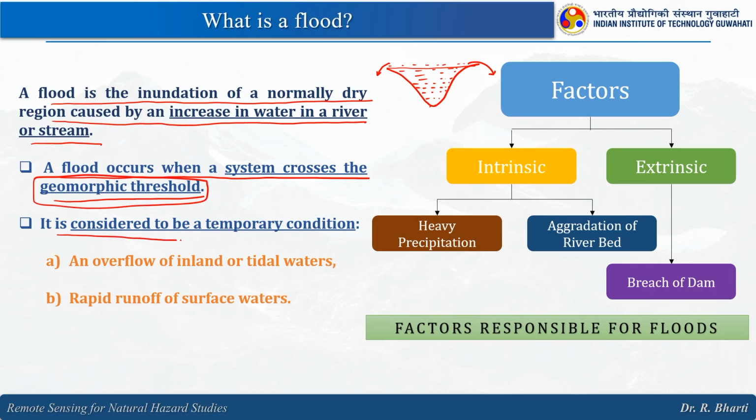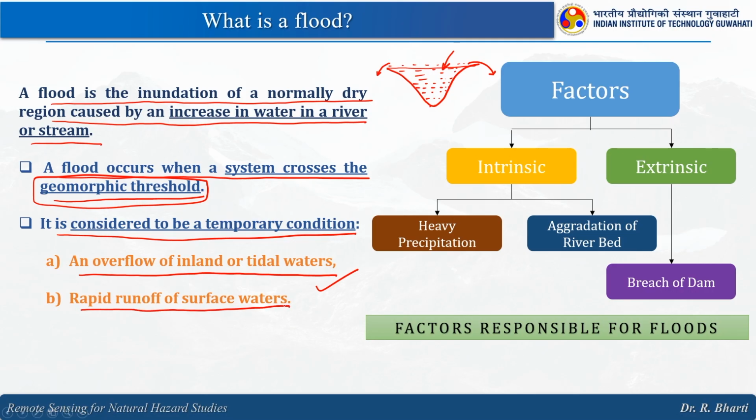It is considered a temporary condition because it arises from some heavy rainfall, the breaching of a dam, or a blockage of the pathways. So it could be an overflow of inland or tidal water, and then we have rapid runoff of surface water.